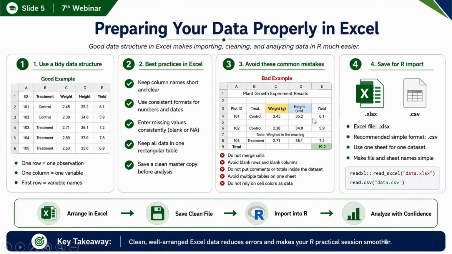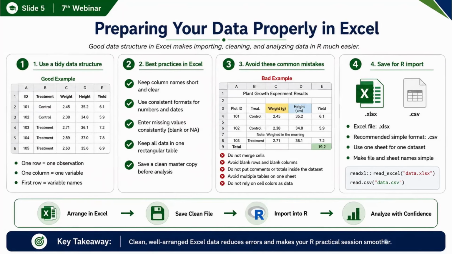Now, to avoid all these issues in data arrangement, you can upload your raw data to generative AI for it to arrange that data in such a way that it is acceptable in R or by R. You can prompt ChatGPT this way.